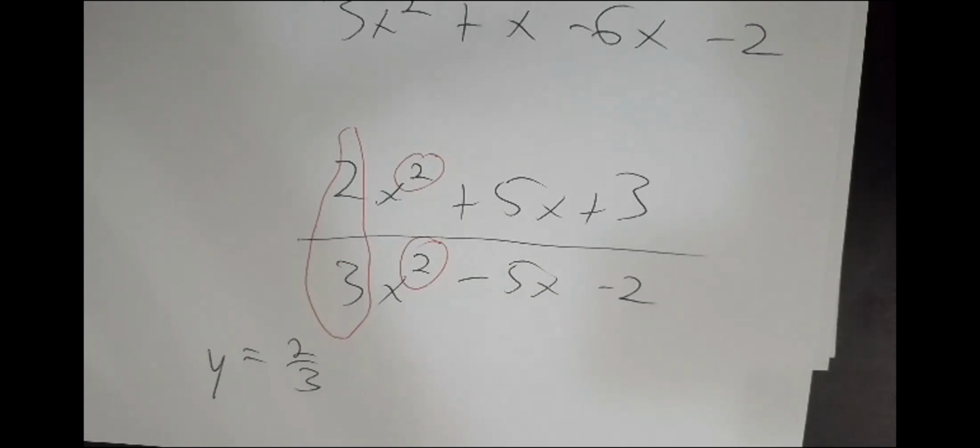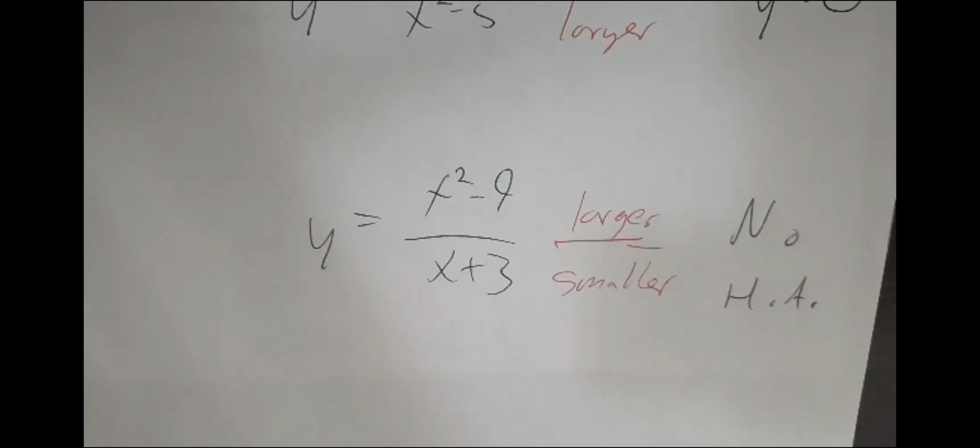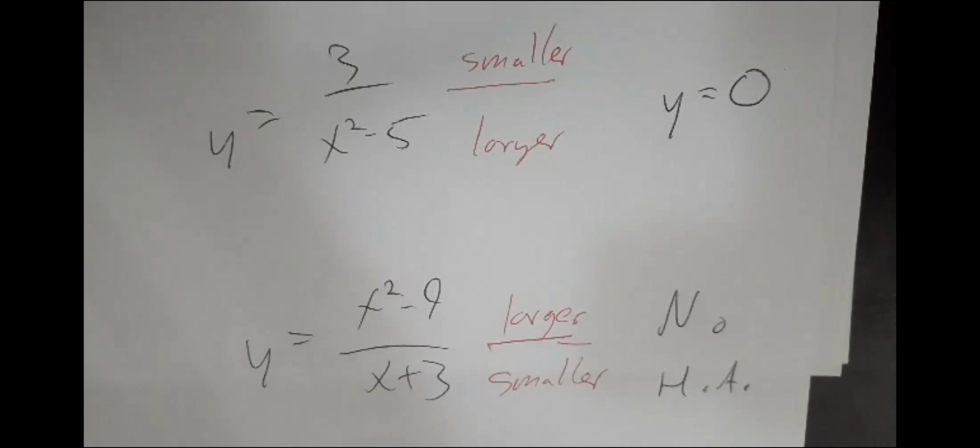So when you're going out to infinity, it's the larger power that really kind of dictates things. These things get dwarfed by this guy out here when you talk about really, really large numbers. So if they're the same power, it's the coefficients. If it is smaller on top, larger on bottom, it's going towards 0.